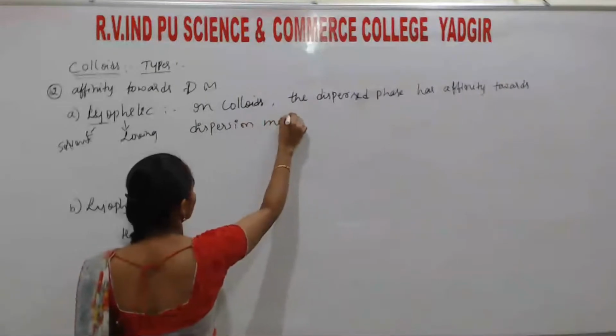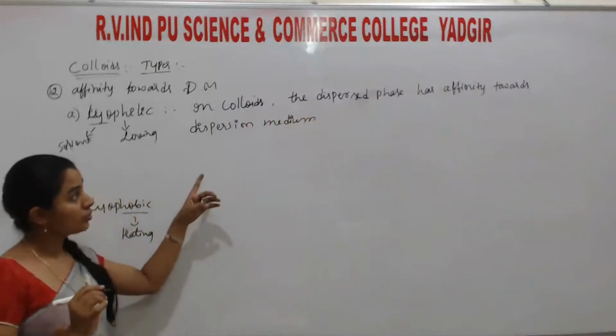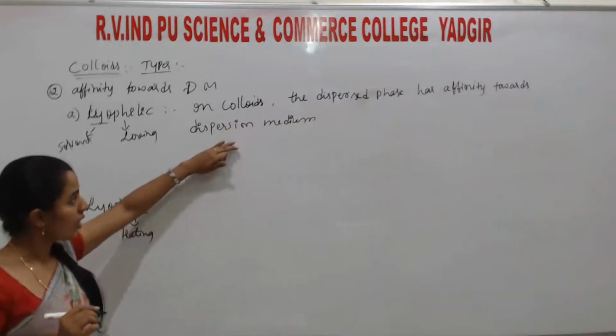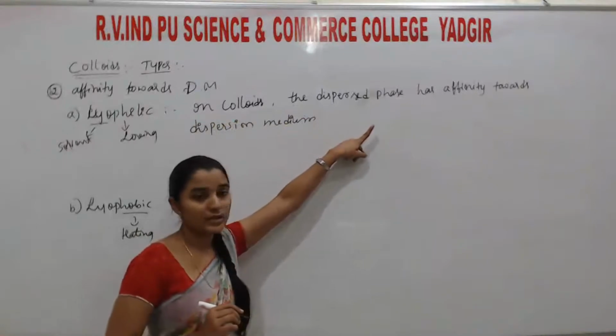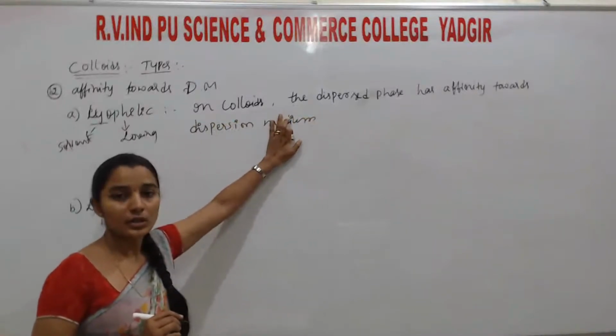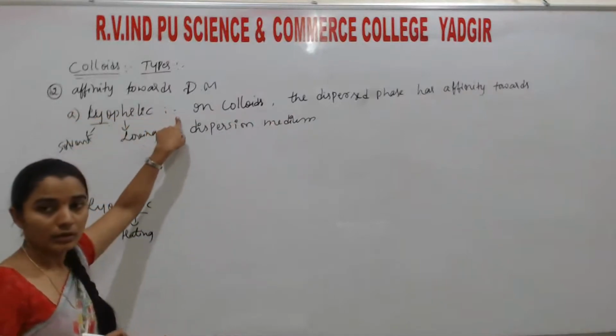This is the exact definition. Okay, the solute particles have the affinity towards solvent, that is written as in colloids the dispersed phase has affinity towards dispersion medium, called as lyophilic colloids.